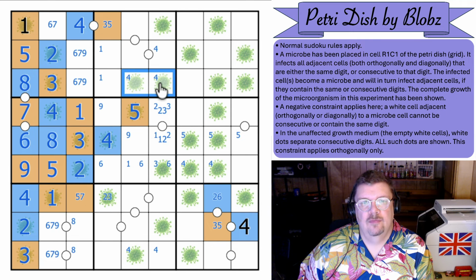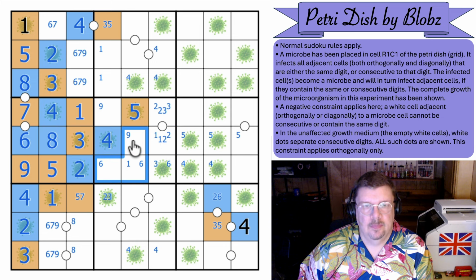Right, if either of those is a 4, that can't be 3, so that makes that 2 and makes that 1. And that now becomes 3.